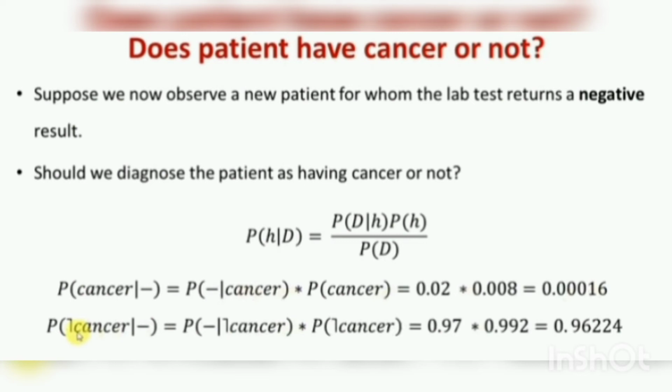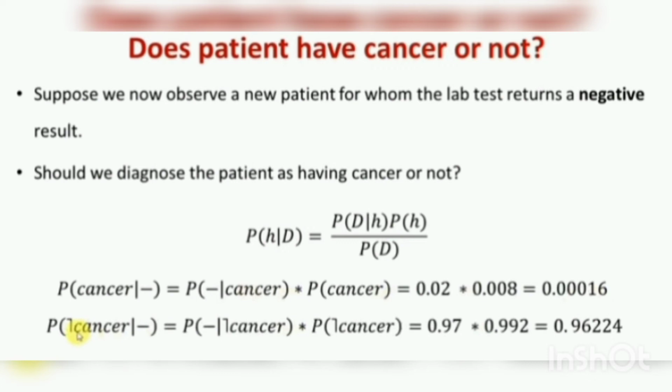And this P of H given D is equal to P of D given H. It means that posterior probability is proportional to the likelihood times the prior. We already know P of negative report given cancer, as I showed in the previous slide, is 0.02, and P of having cancer in the total population is 0.008.